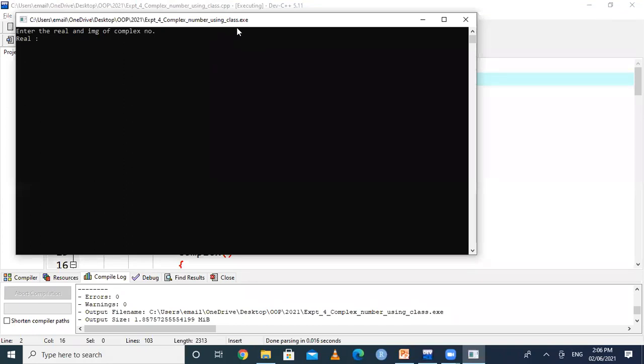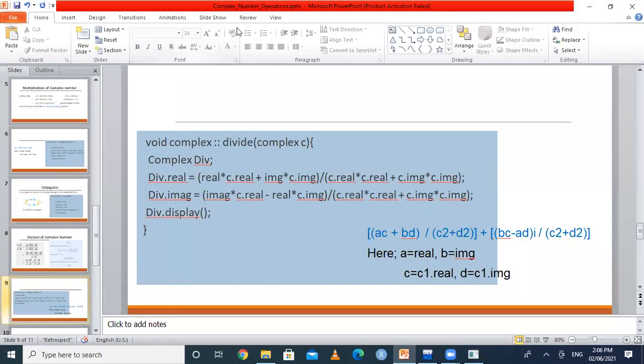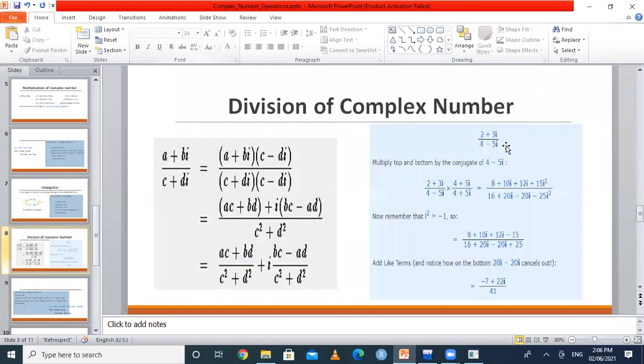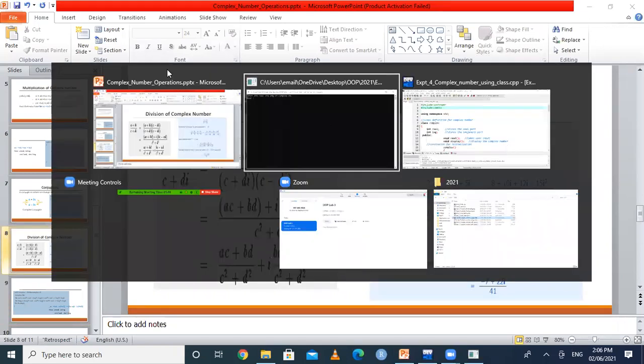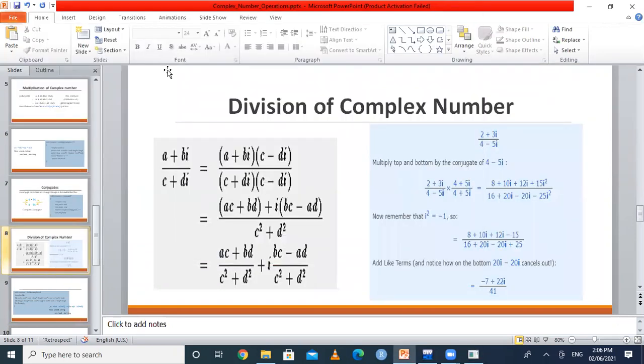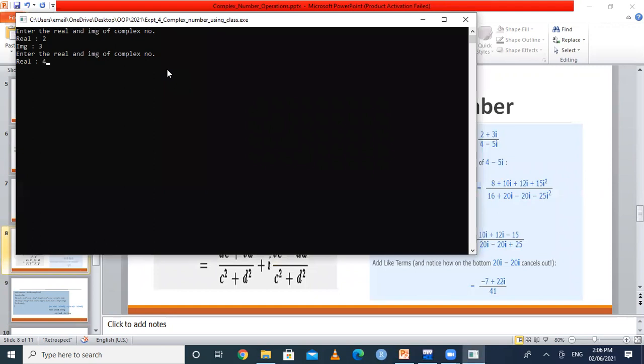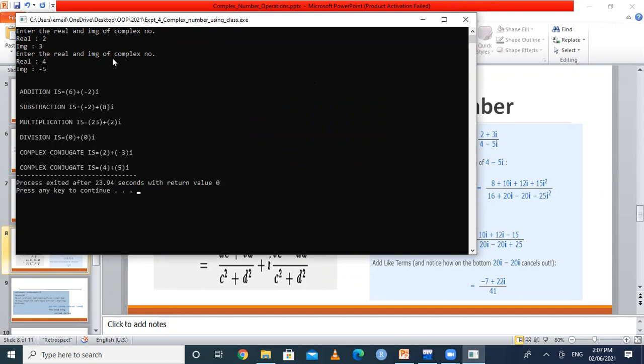For example, suppose these are the values: 2 plus 3i and 4 minus 5i. So the real part is 2 and the imaginary part is 3, and for the second, the real part is 4 and the imaginary part is minus 5. Now with 2 plus 3i and 4 minus 5i, we are getting an output for division, which is again 0 here. And we are getting all the other outputs.